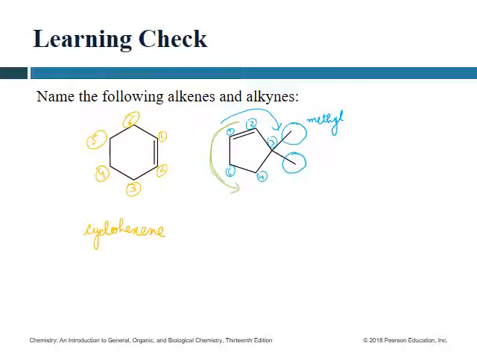Our parent chain is pent, and it is a cyclic structure, so this is cyclopentene. And now we name our substituents, which are on 3rd carbon, so this would be 3,3-dimethylcyclopentene.